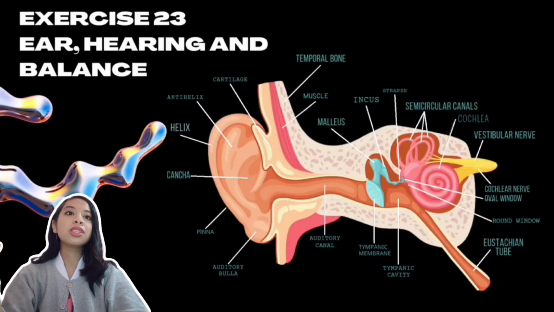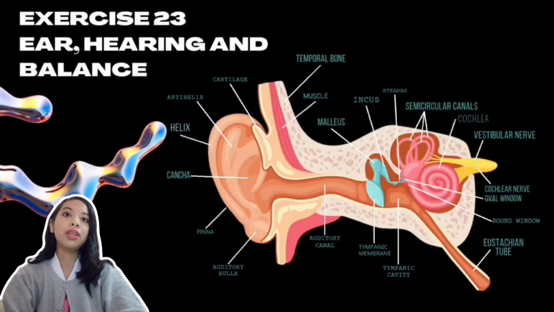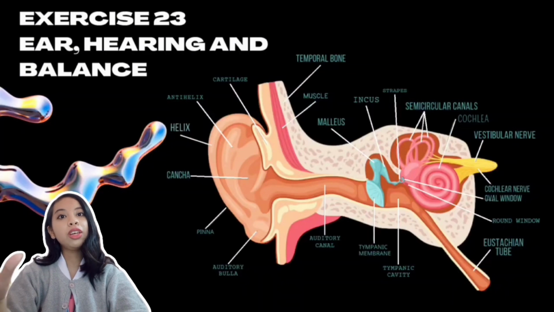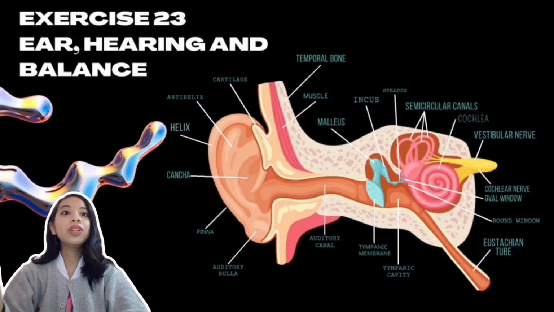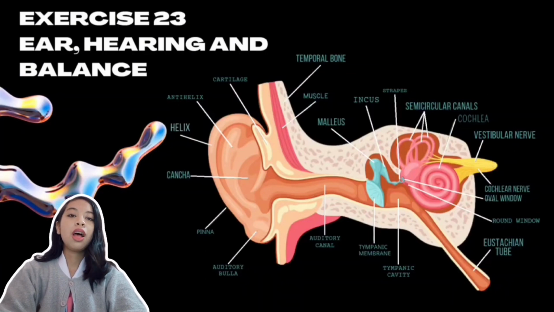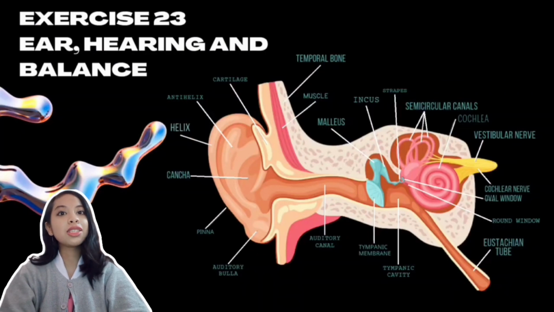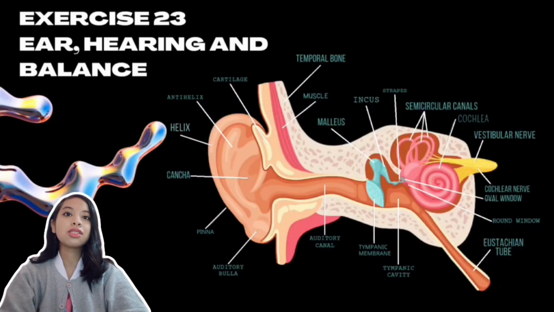So first is preparation. Ensure the individual is seated comfortably in a swivel chair in a quiet environment. Introduce warm or cold water or air into one ear at a time while the individual sits in the swivel chair. After irrigation, gently rotate the swivel chair in a controlled manner, allowing the individual to turn their head side to side or maintain a fixed gaze.